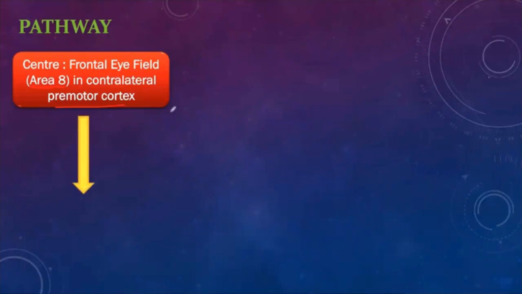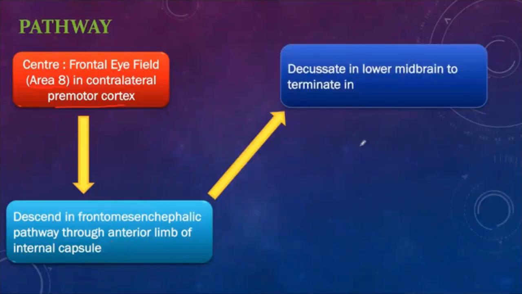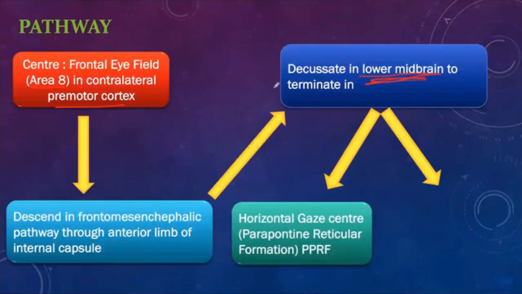Then impulses pass from the frontal eye field and descend in the fronto-mesencephalic pathway through the anterior limb of the internal capsule, as it wants to innervate the higher centers present in the brainstem. It decussates in the lower midbrain at the level of the inferior colliculus to terminate in two stations. The first one is called the horizontal gaze center, or parapontine reticular formation, or PPRF, which is present in the pons.